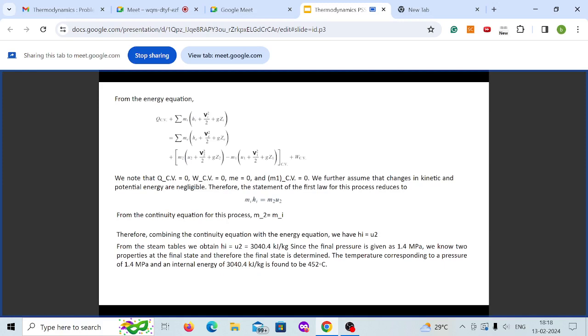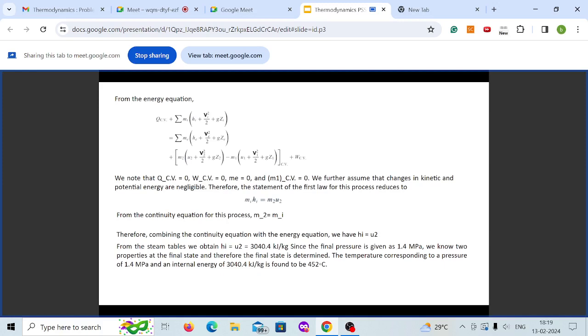So you have heat transfer which can happen, you have work transfer which can happen, and you have mass which is coming in and which is going out. The mass of fluid which is coming in will bring in some energy, and which is going out will take out some. Also, if it's a steady case, your system will not undergo any change, so its energy will remain the same throughout time.